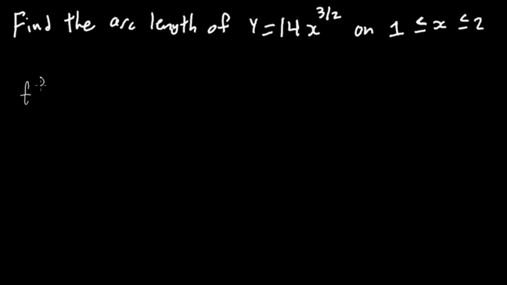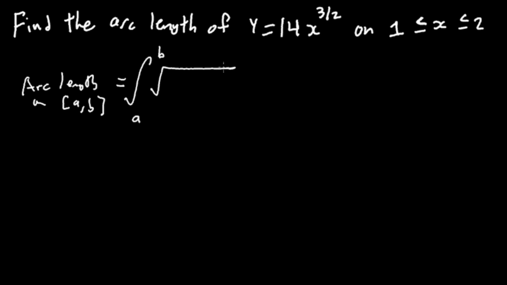The arc length on the interval from a to b is given by the integral from a to b of the square root of 1 plus f prime of x squared dx.